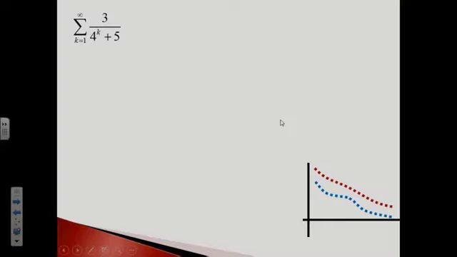Test the series sigma 3 divided by 4 to the power of k plus 5 for convergence. We have 3 divided by 4 to the power of k plus 5 is less than 3 multiplied by 1/4 to the power of k for all k greater than or equal to 1.